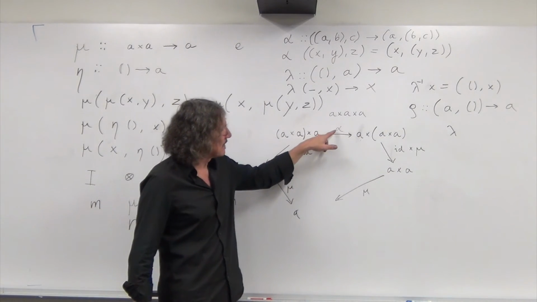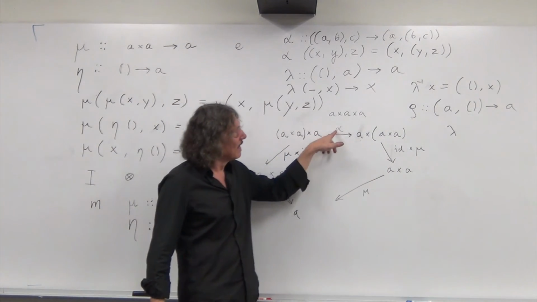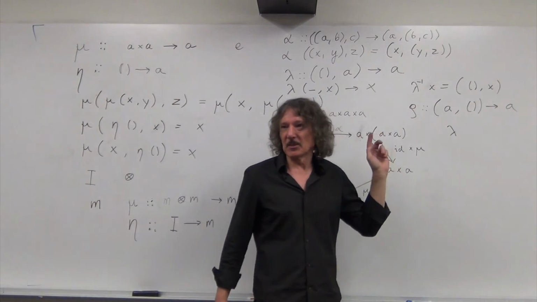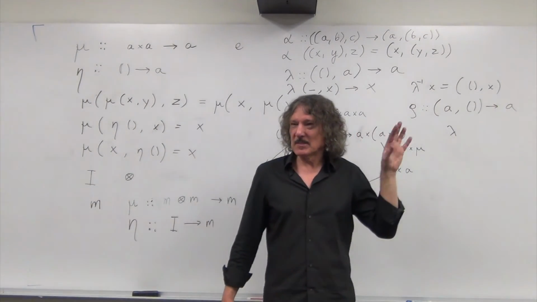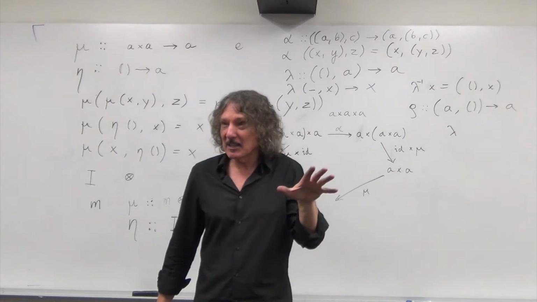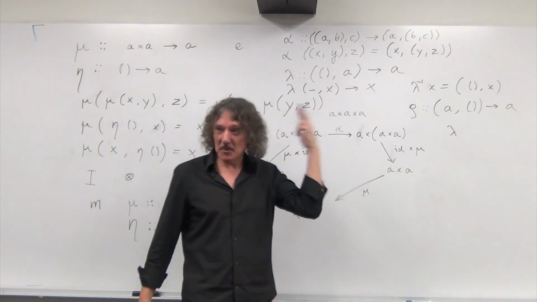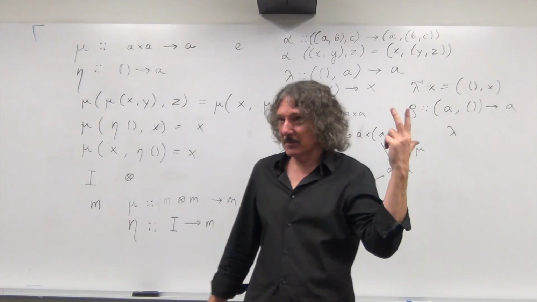I had to introduce this associator alpha, and this left unitor and right unitor, because the unit was not really strictly a unit, it was up to an isomorphism. So I had these three isomorphisms on top of everything, right?